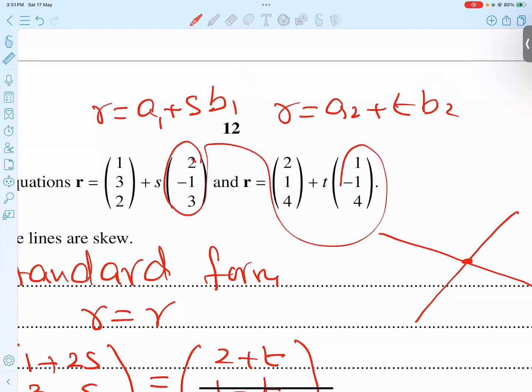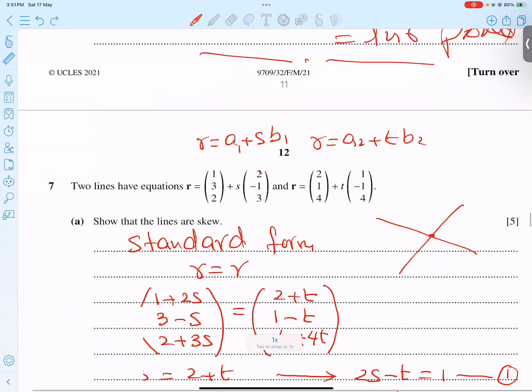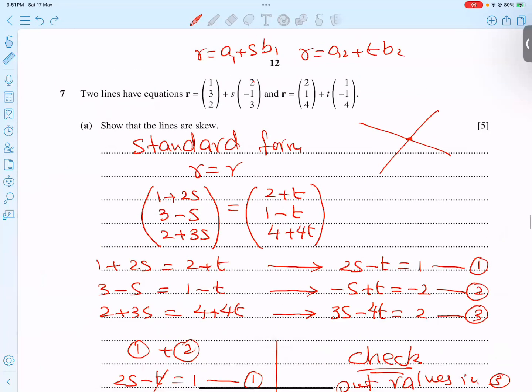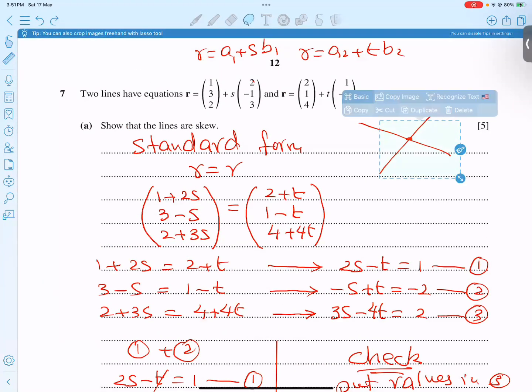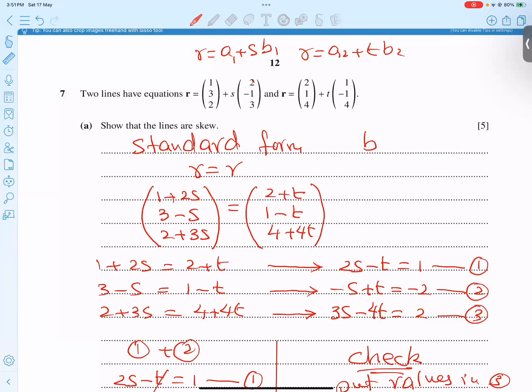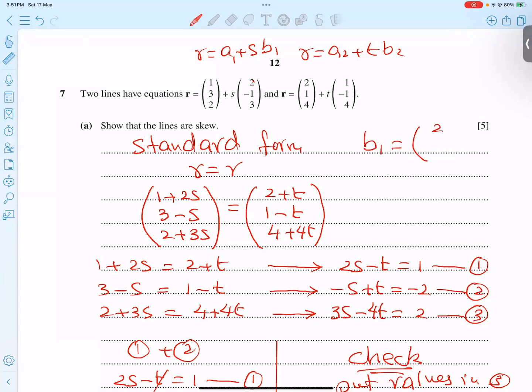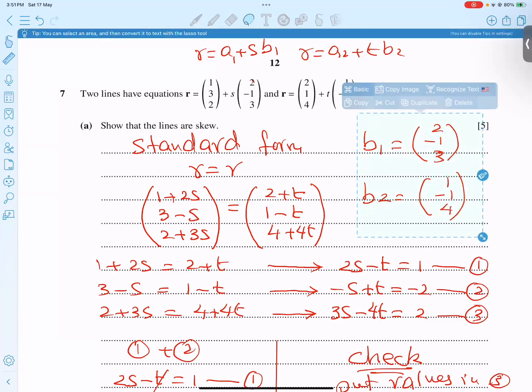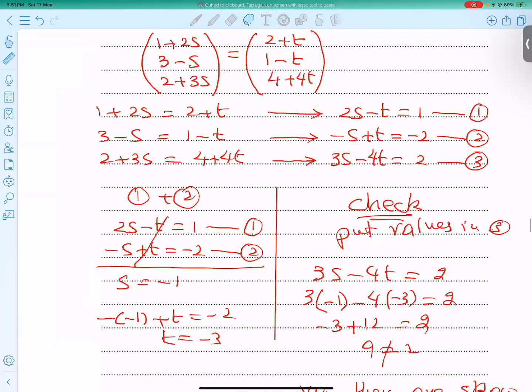This is called the directions. So let's have a look. I'm writing here B1 is equal to (2, -1, 3). And B2, I'm taking (1, -1, 4). And I believe you understand why I have taken these two things.